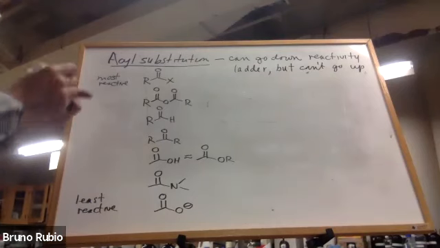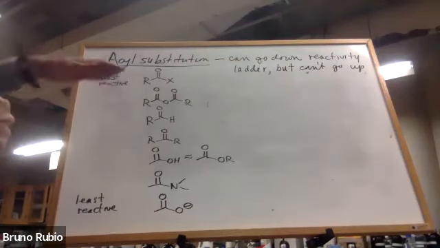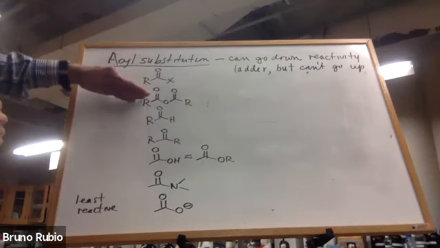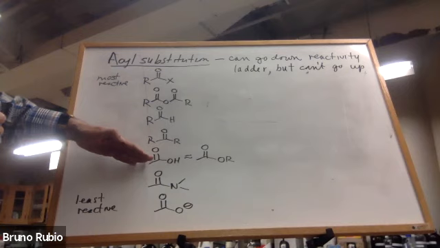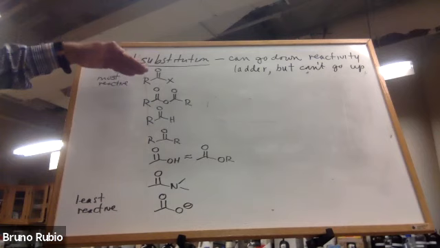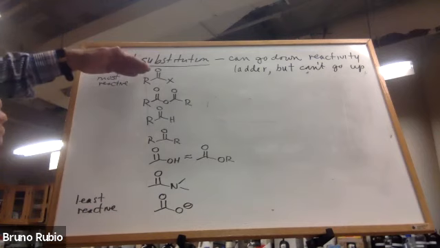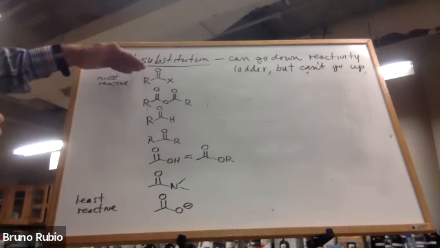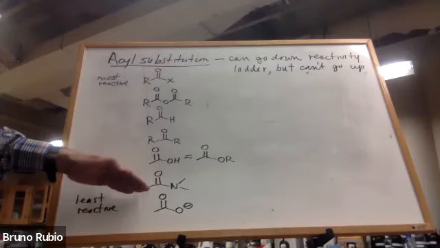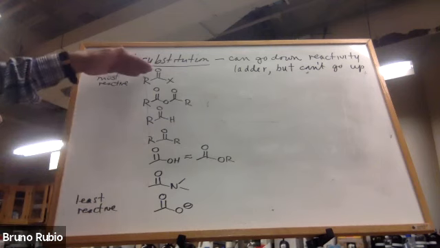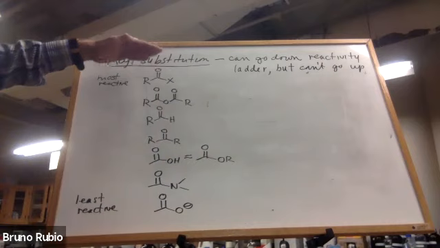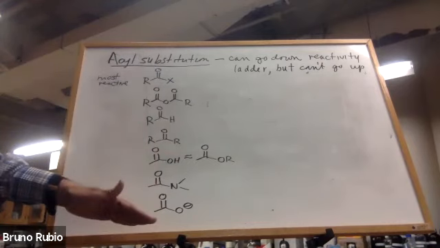In other words, if you start with an acyl chloride, you can make an anhydride, you can make a carboxylic acid or an ester or an amide from an anhydride, from an acyl halide, but you can't make an acyl halide from an amide. You can't make an acyl halide from an ester. You can't go up this ladder, you can only go down.